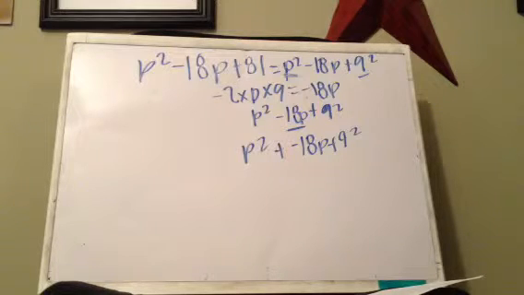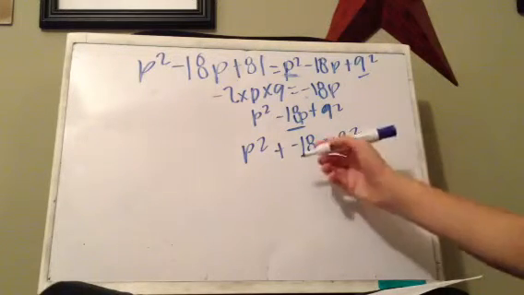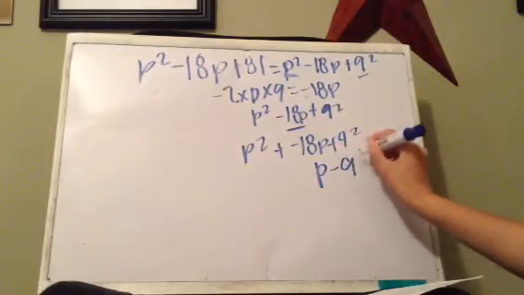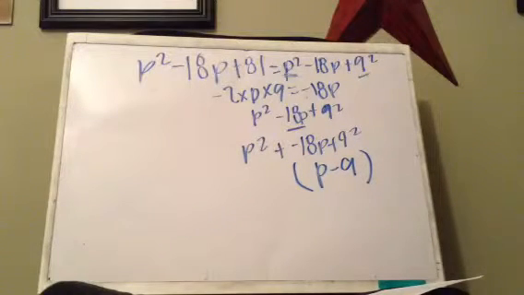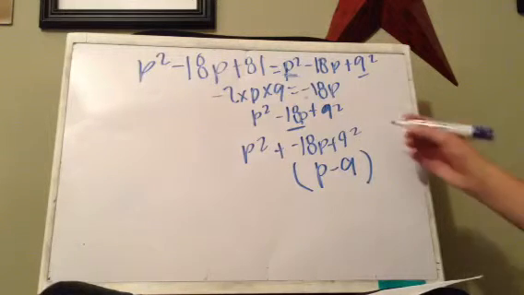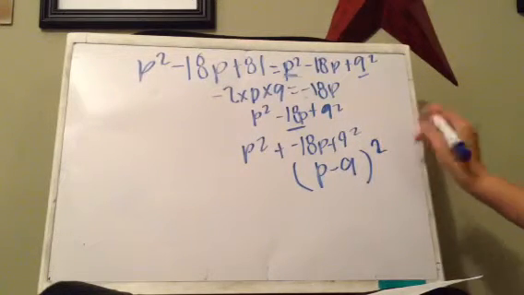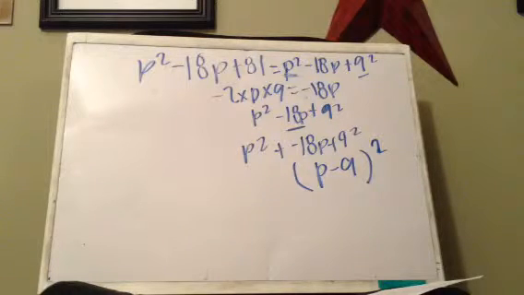So you're going to put the bases inside the parentheses. You're going to use a minus between them, so it'll be p minus 9. So you raise everything to the second power. So you're going to put it right here on the outside, and you are done.